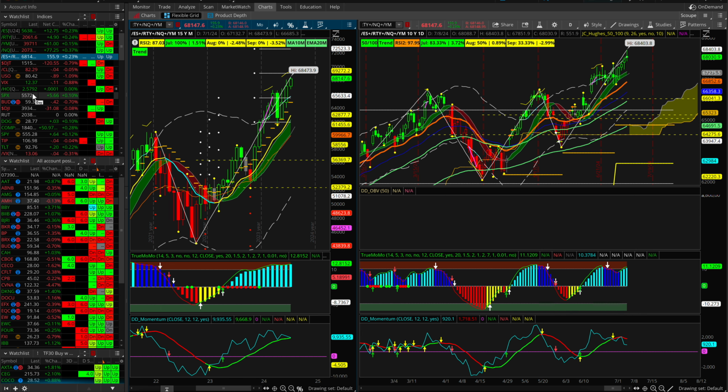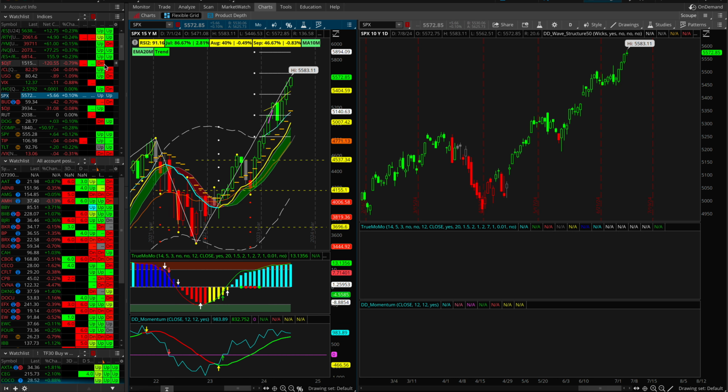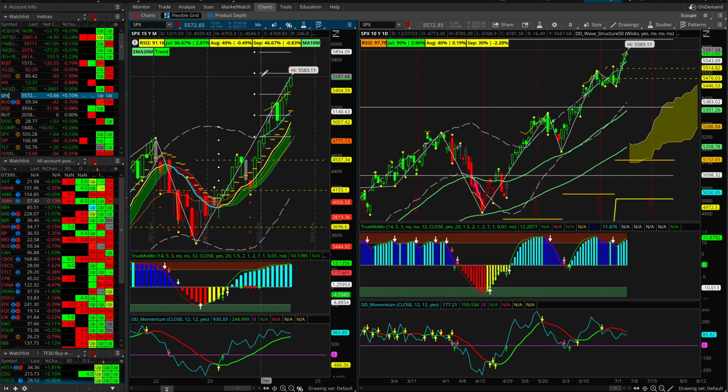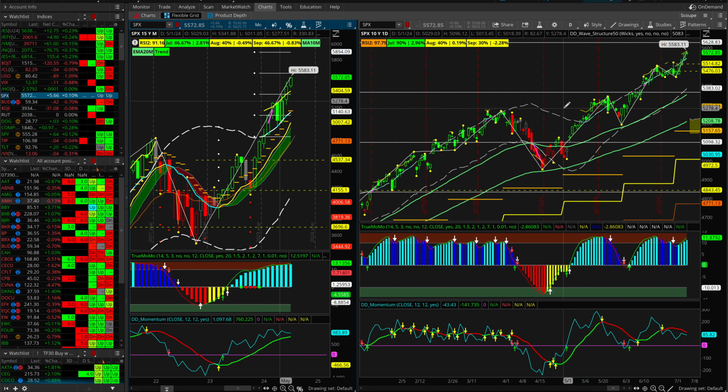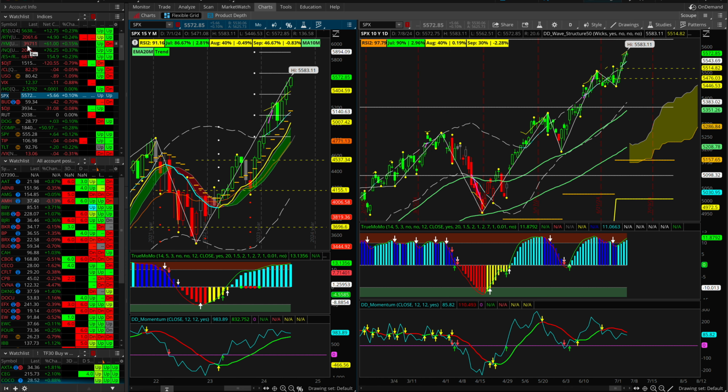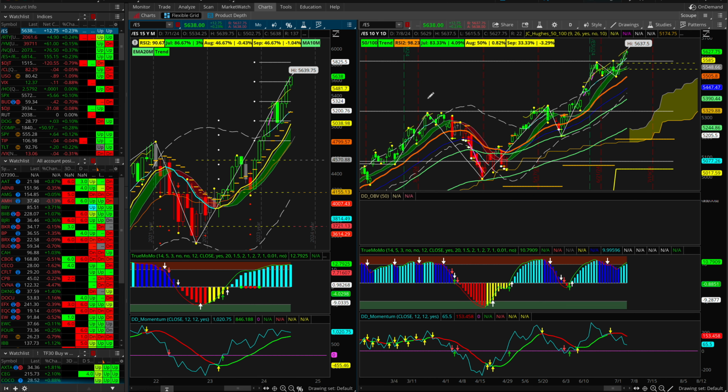So today the S&P 500 went up 5 points, and it continues to be green. I don't know why the trend ribbon and everything doesn't show up on that chart, so we'll flip back to the ES. It bugs me that all the indicators don't work on all the positions, but that's alright.